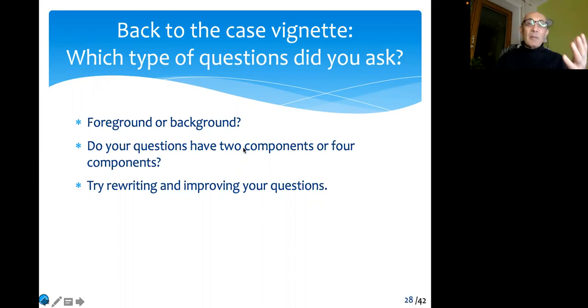If you ask a background question, please try to formulate the components of your background question, because background questions must have 2 components. Then try to convert your question into a foreground question.